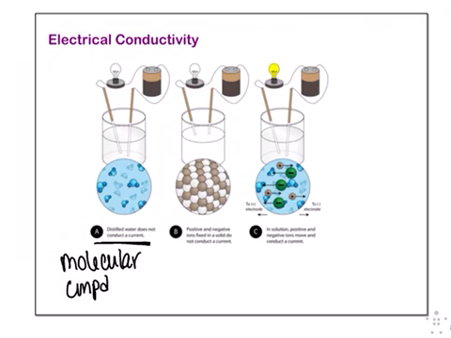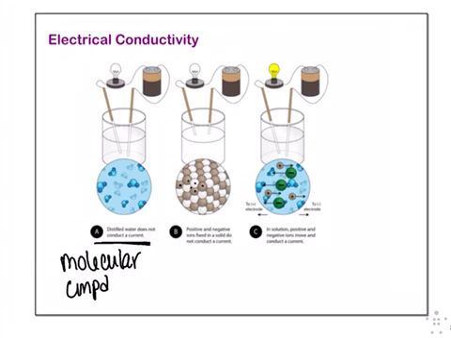Molecular compounds do not transfer ions because ions are not formed in molecular compounds. In this second example, we just have the solid, and so the positive and negative ions are still being attracted to one another. So there's no movement in the ions. They're still stuck in place.